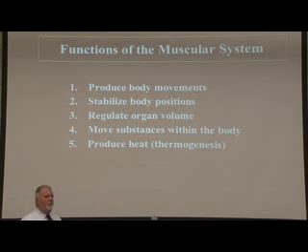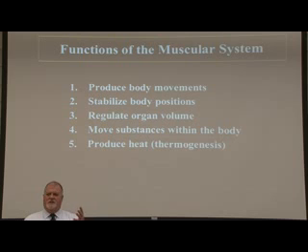And then most of our body heat actually arises from the ability of muscles to produce ATP to create contraction. And in the production of ATP, we generate waste energy.